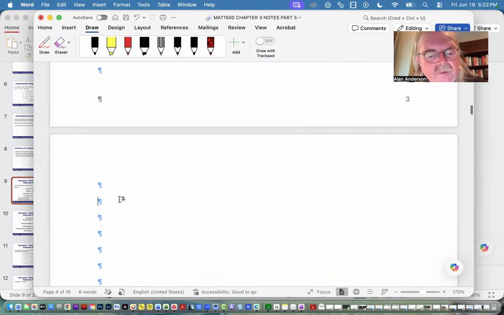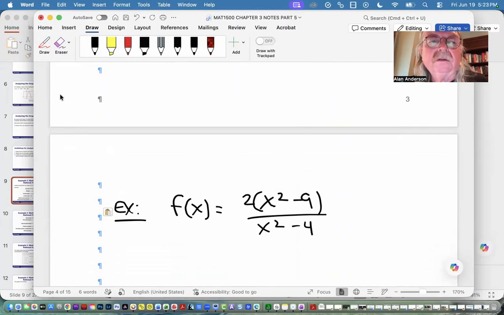But if you remember, the rules depend on the order or the degree of the polynomials in our ratio.